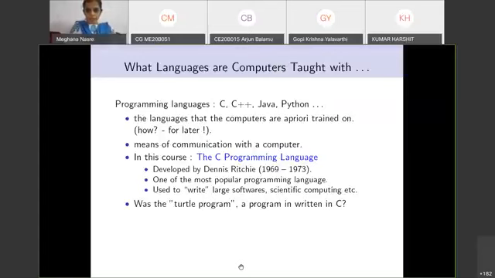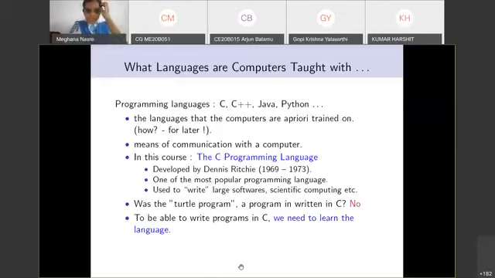So was the turtle program written in C? No, the turtle program was not written in C. It was written in something which is a wrapper on C++, called simple CPP. So what will we do in this course? We will be learning C. There is a paradigm shift in C++, but we are not going to learn C++ in this course.